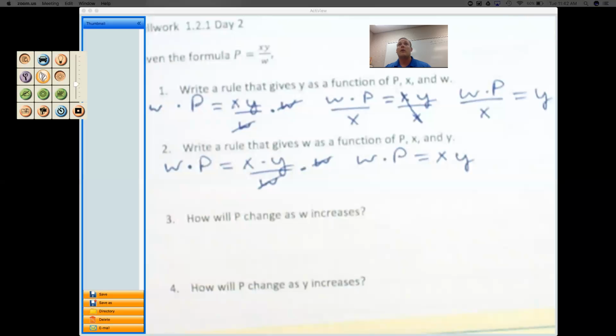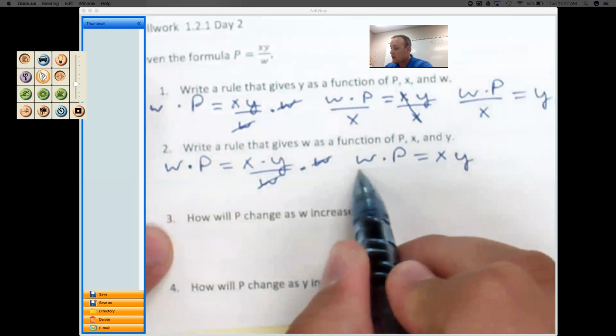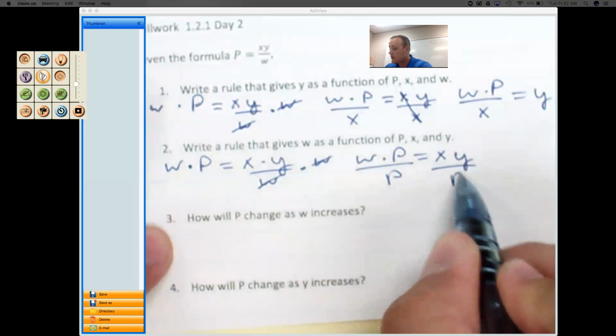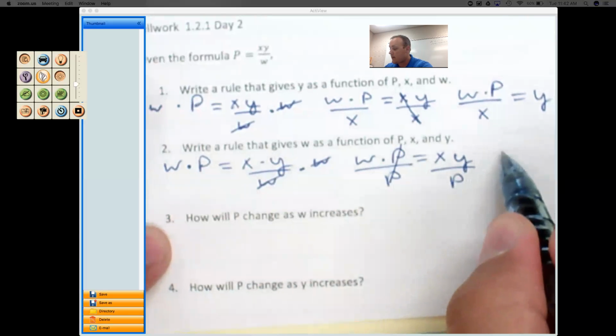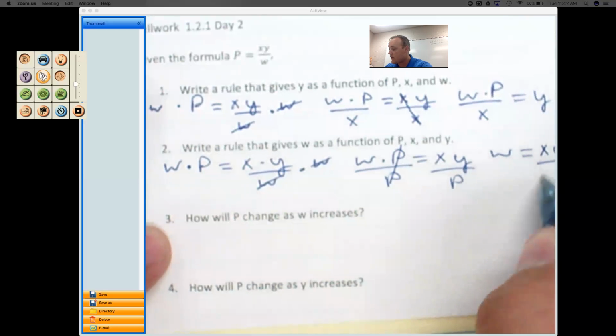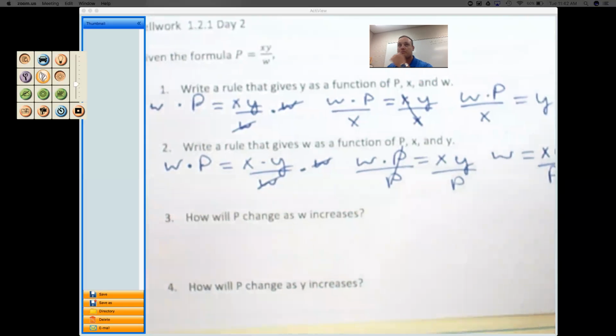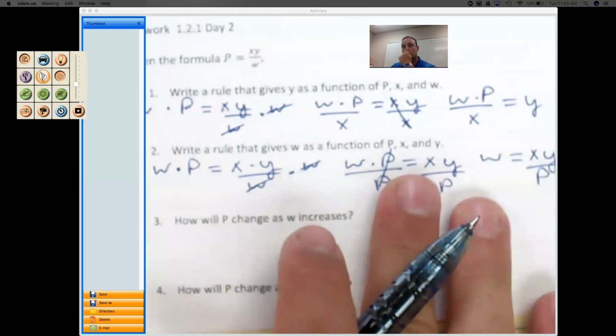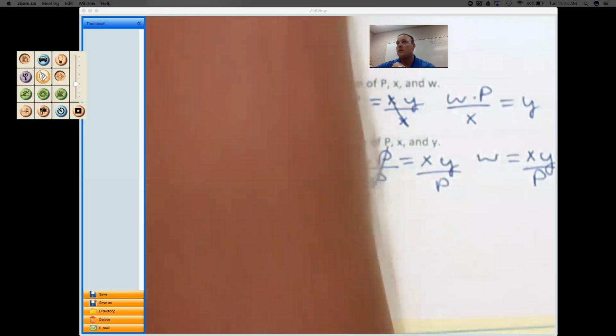Okay, now what? Divide by p. And I end up having w equals x times y over p. Very good.